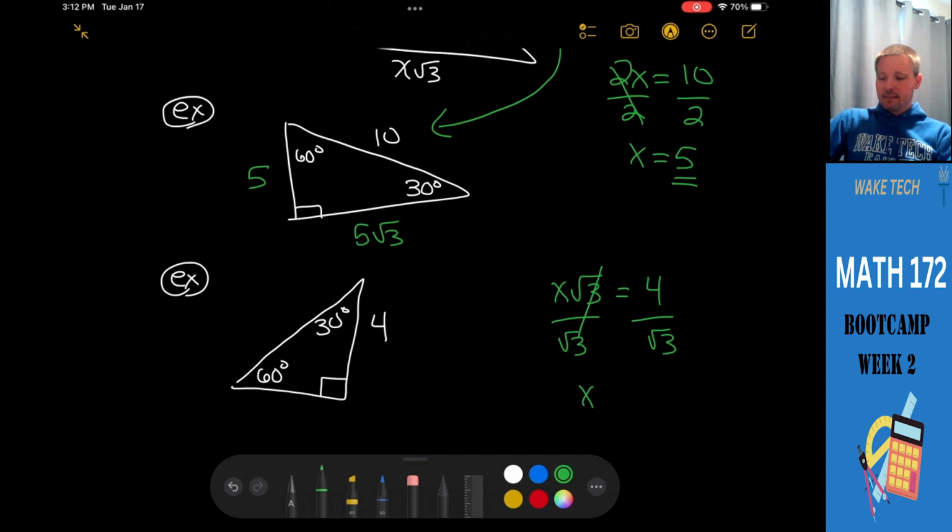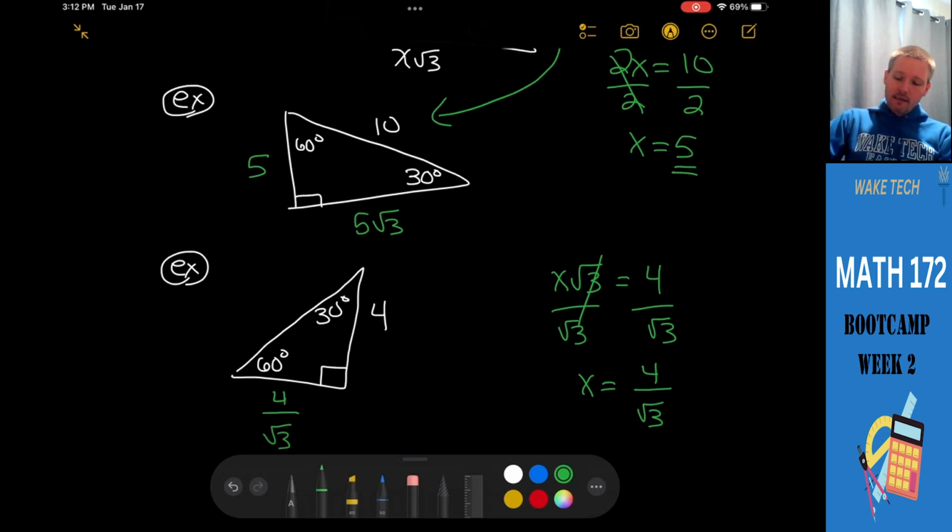That tells us that x equals 4 over the square root of 3. And so our 30-degree side, that's x. And then our 90-degree side, the hypotenuse, is 2x.